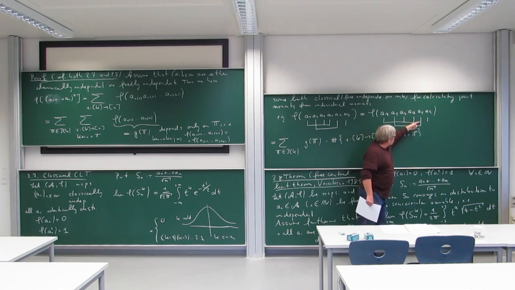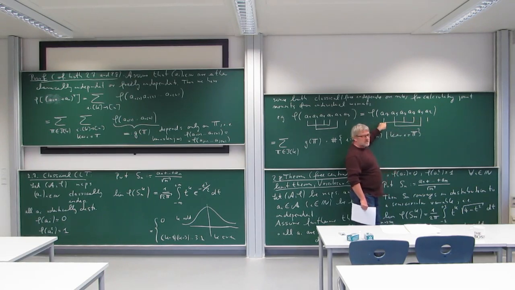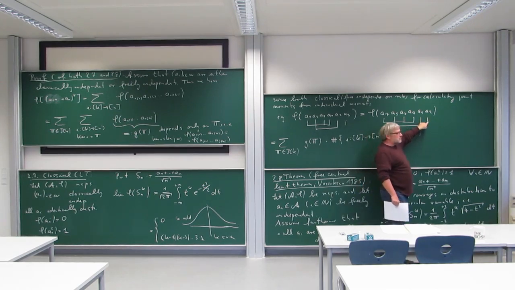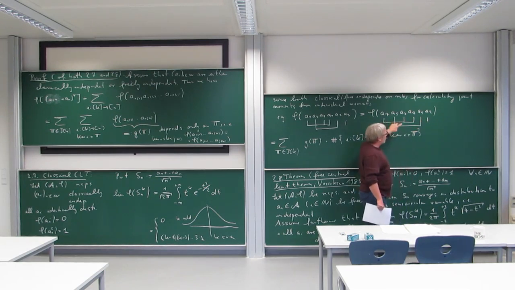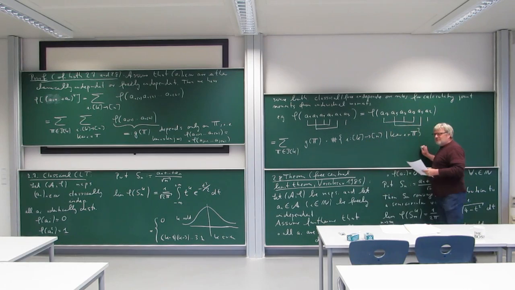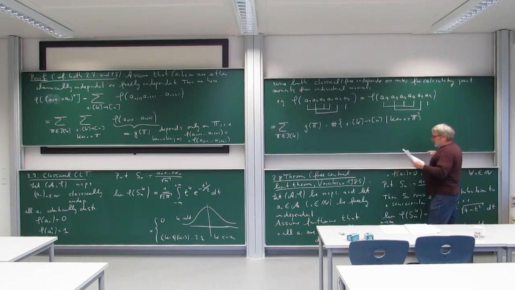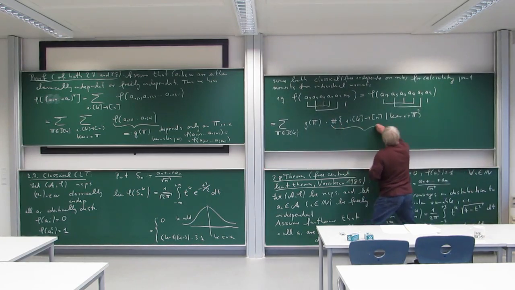Then for the next block, I know at this and this position it must be the same index, and of course it must be a different index from here. So I have n minus 1 possibilities. And then for this block, I have the two indices which I have already used excluded, so I have n minus 2. So for each block, I have so many possibilities. So this is very easy.